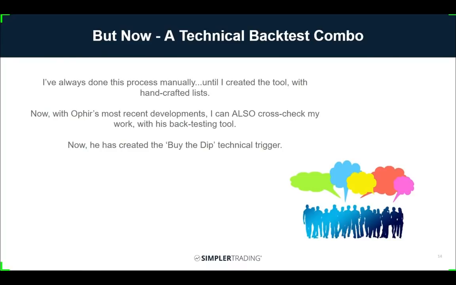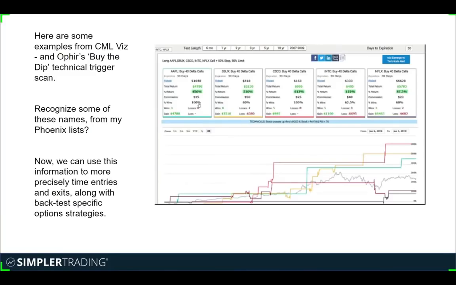So here's some examples. Here is an example from CML Viz and Ophir's Buy the Dip technical trigger scan. So within CML Viz, and he's going to go through a bunch of examples, essentially what you can do is scan and figure out, okay, which tickers are the strongest on the dip?